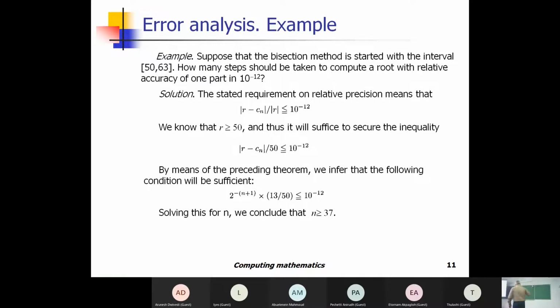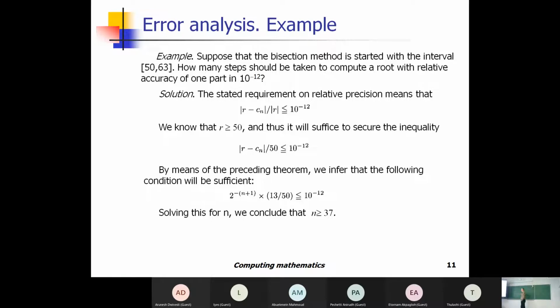If you apply logarithm base 2, you write minus n smaller than the logarithm base 2 of this constant.